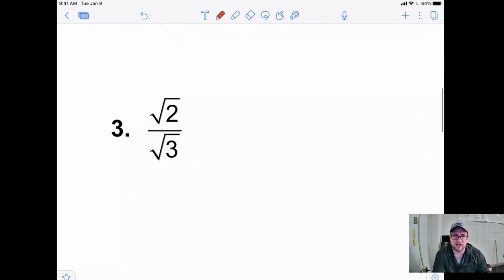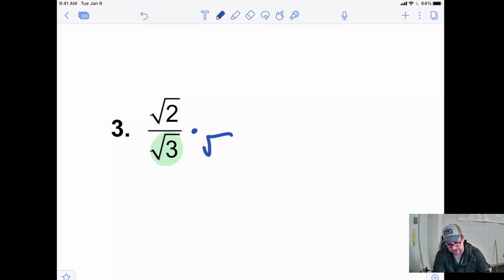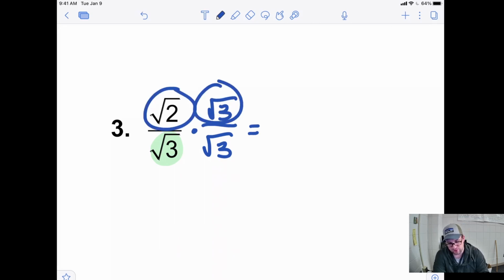So here's another problem. We don't care at all if there's a square root in the top. It's only those square roots in the bottom that are of concern to us. So to get rid of the square root in the bottom, we are going to multiply by the square root of 3 over the square root of 3. Up top, the square root of 2 times the square root of 3 is going to give us the square root of 6.